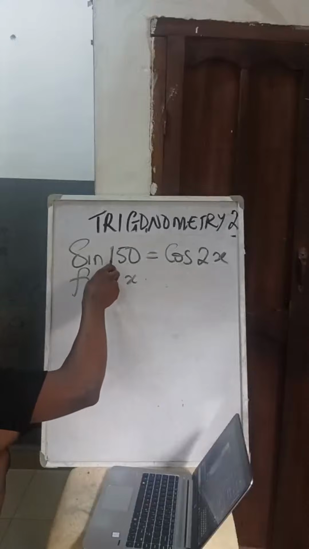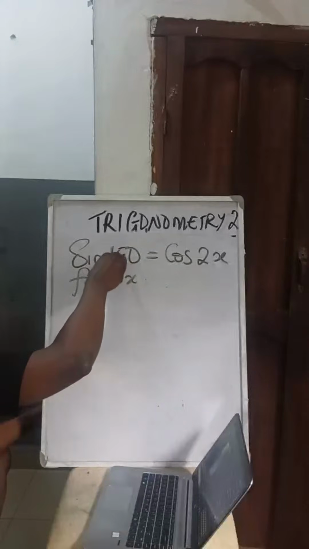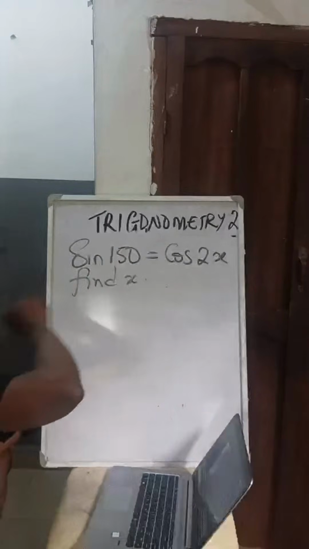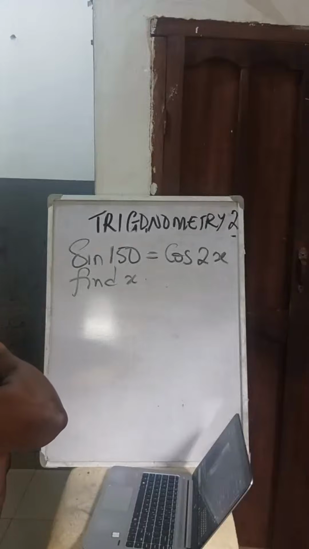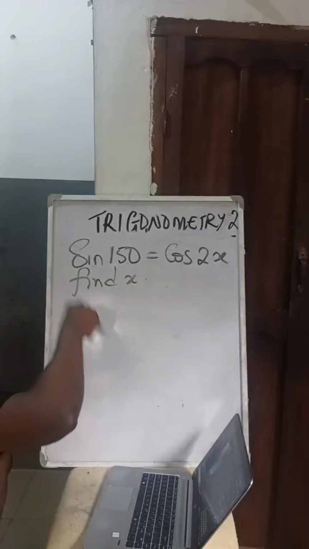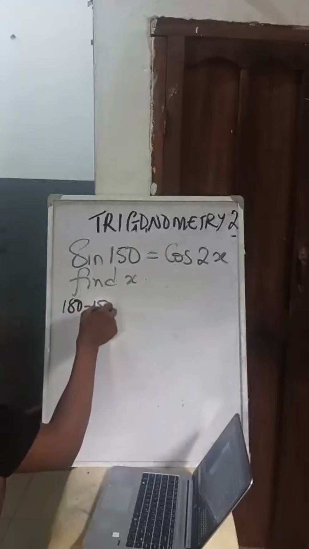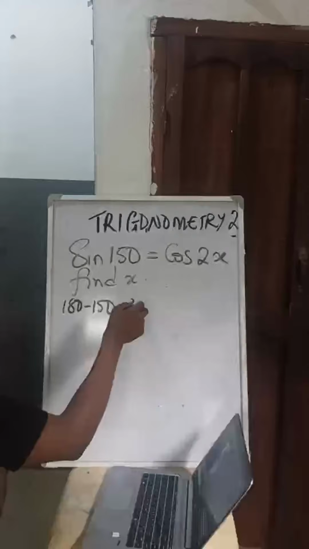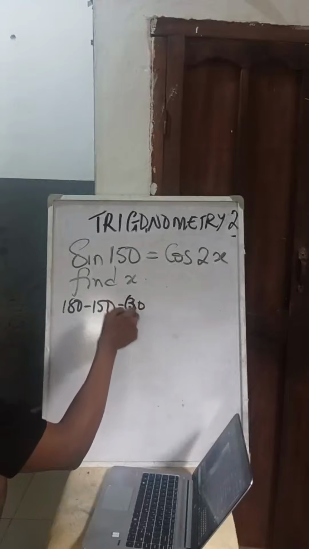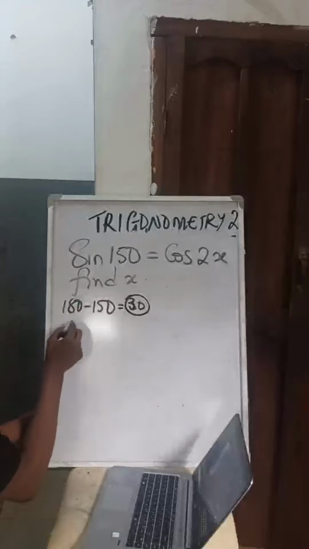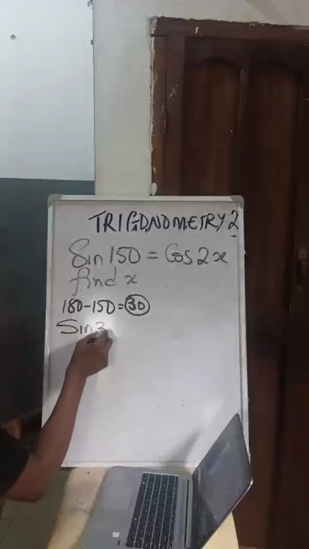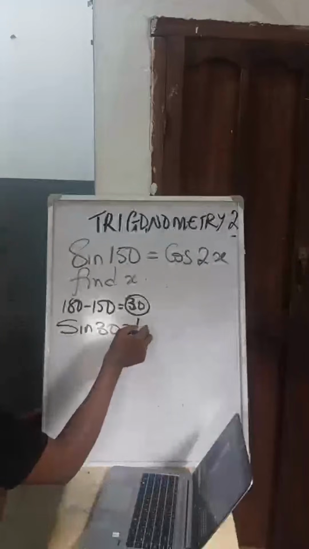When they give you something like this, you first of all check whether it is in the first quadrant. Since 150 is in the second quadrant, we have that 180 minus 150 is equal to 30. This is the real angle. So sine 30 is equal to 1 over 2.